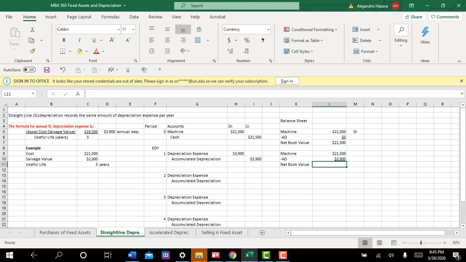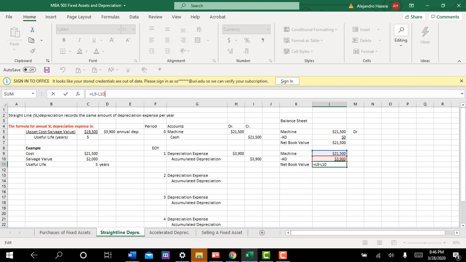So your new accumulated depreciation is $3,900, and your net book value is now going down because your asset has stayed the same. However, your accumulated depreciation has gone up. So your new net book value is $17,600, and it is $21,500 minus $3,900 right there.